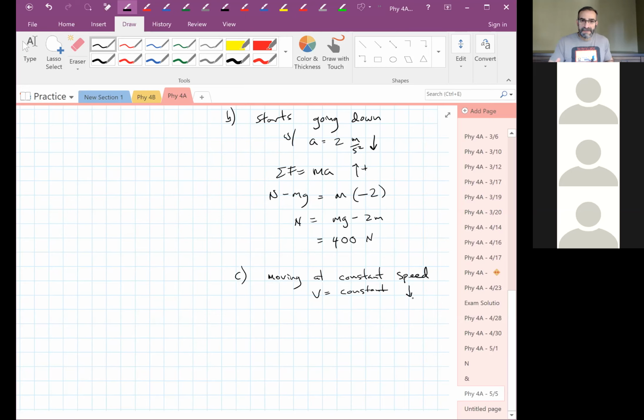What do we care about? Acceleration. And here the acceleration is 0, same as if they were standing still in the still elevator. And so we get sum of the forces equals 0. Normal force equals mg, 500 newtons. Now what's going to happen?